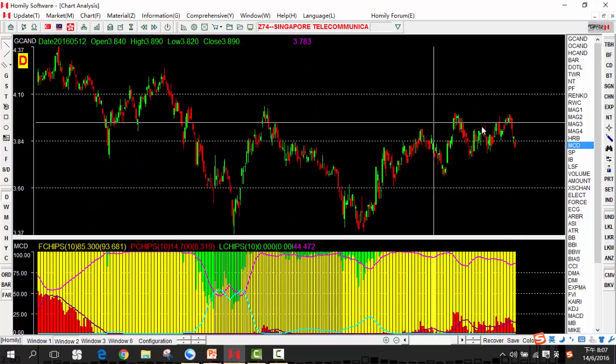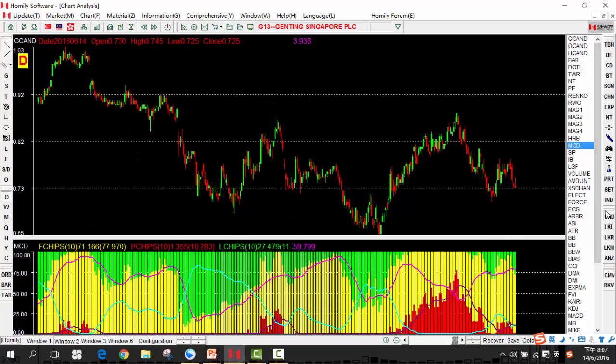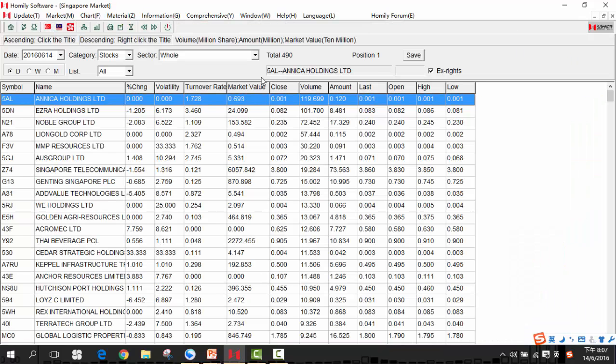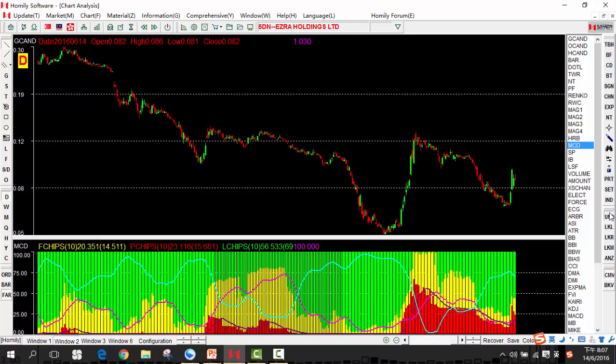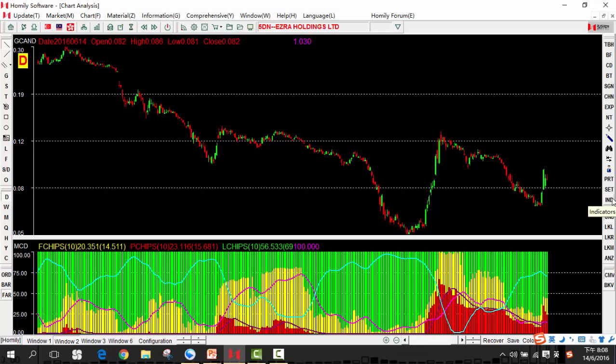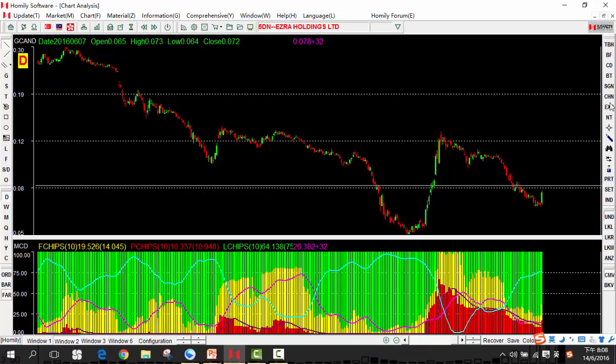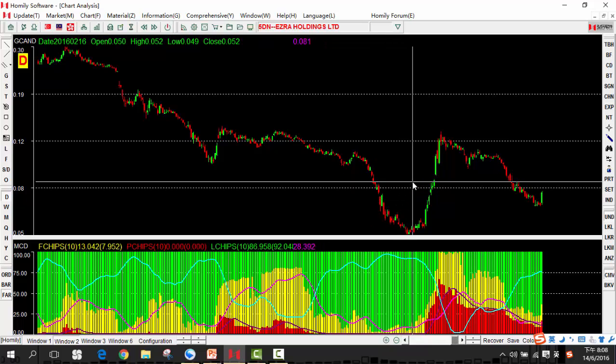So we see this stock. We can check some stocks. Okay, then we see this one. This is the first rising phase, right? So where is the next buy point? How to know that?